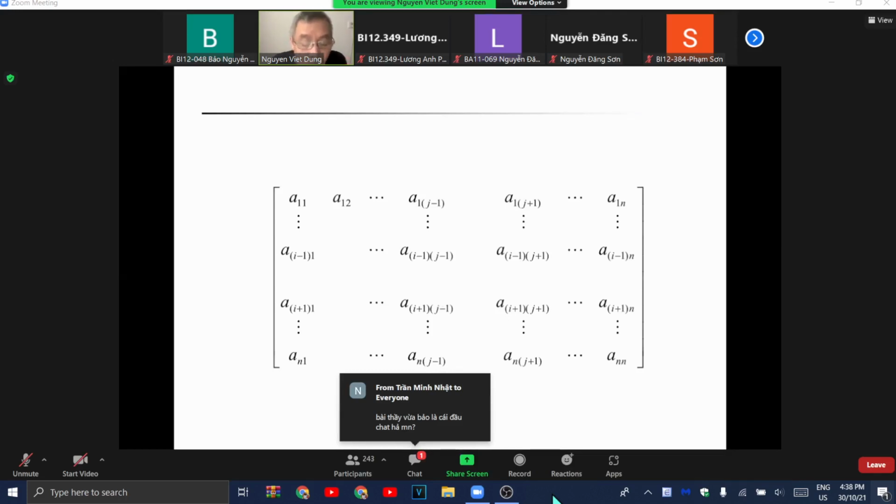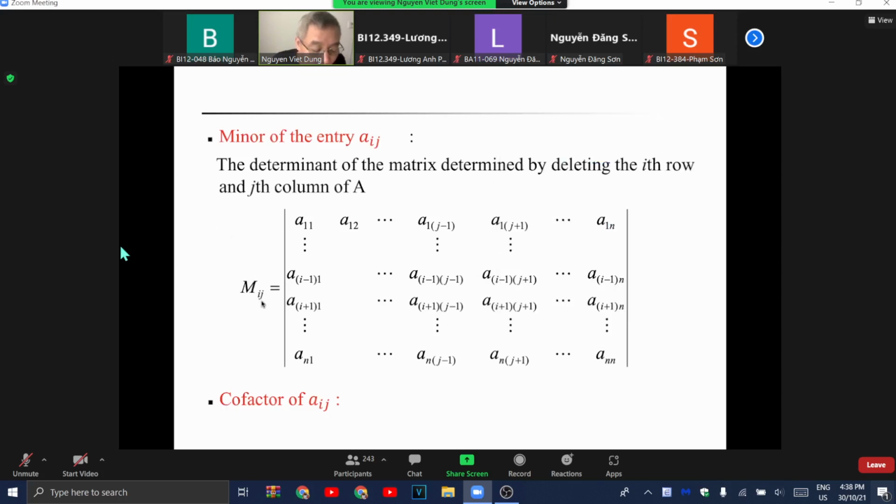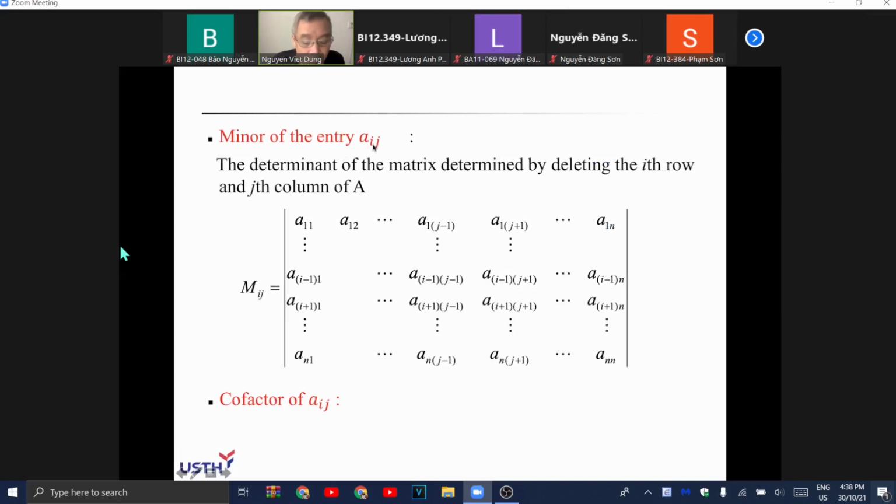So we know its determinant. And its determinant will be denoted by M_ij, and we call it the minor of the entry a_ij. You see, there is no a_ij here. We already deleted the i-th row and j-th column together. It is not here.